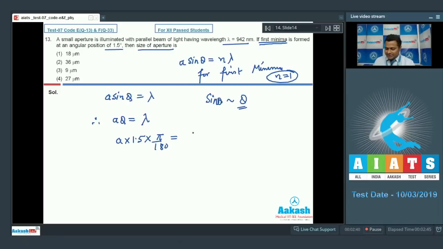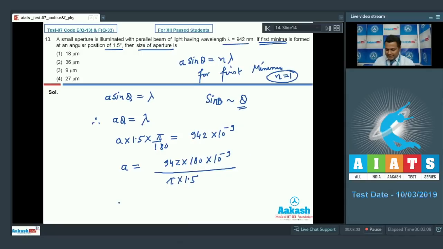equals lambda, that is 942 nanometer. So 942 into 10 to the power minus 9. We will get the expression for A, that is 942 multiplied by 180 multiplied by 10 to the power minus 9 whole divided by pi times 1.5.